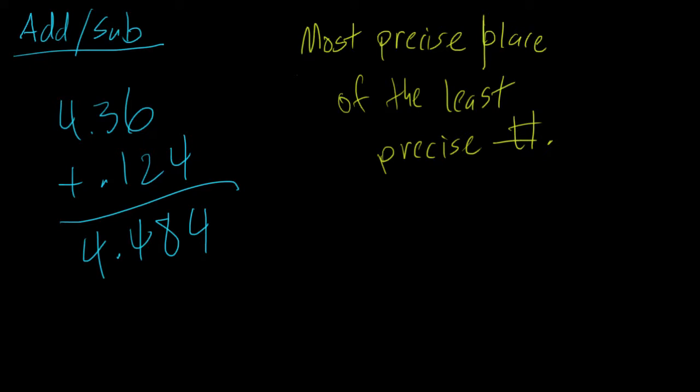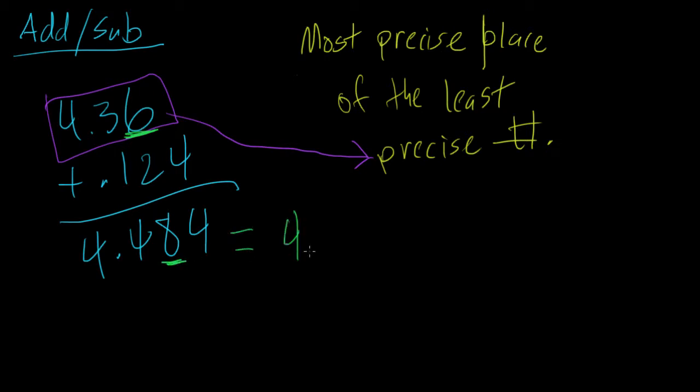So here, 4.36 is the least precise number because it only goes to hundredths. And the most precise place is 6, which is the hundredths place. So that means we're going to round to the nearest hundredth. So for this one, we would have 4.48. Okay, let's do a couple more.